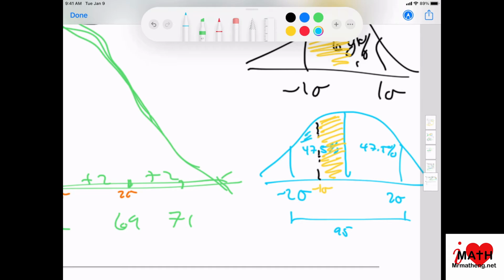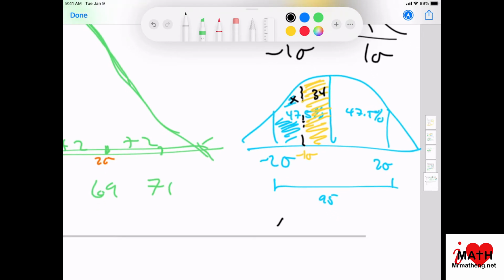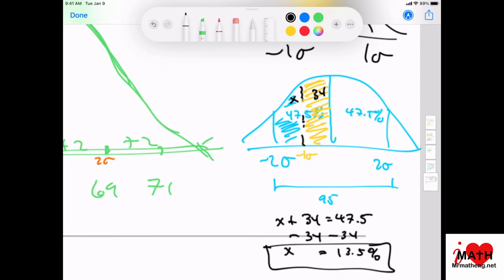One of these blue areas. Well, if I know that this is 34, this is x, I can just do x plus 34 equals 47.5%. And if I subtract here, I will get x to be 13.5%. Let's highlight that in a color.